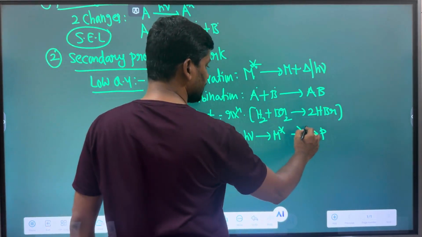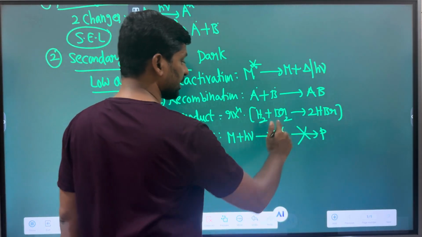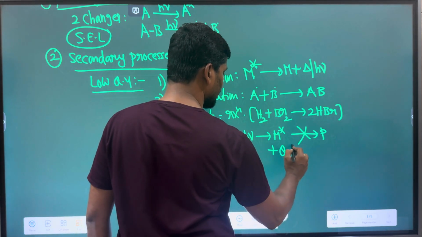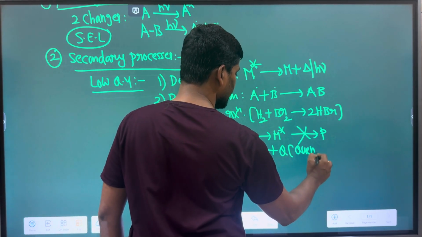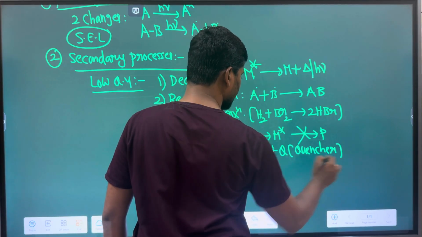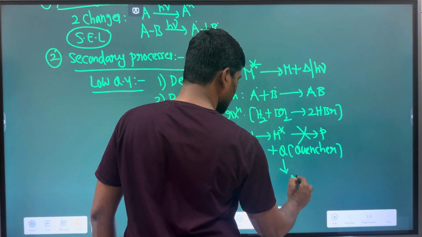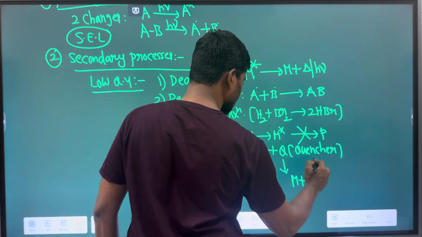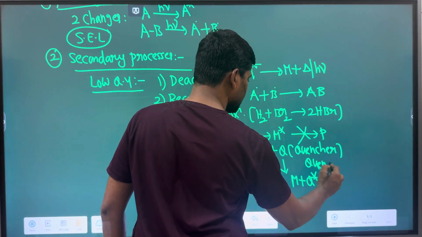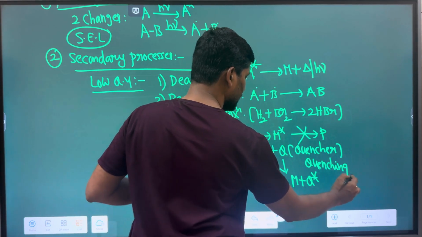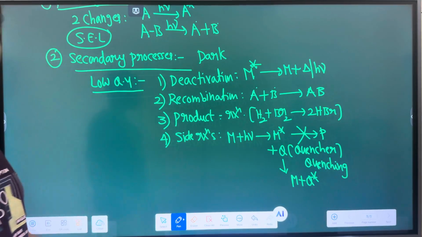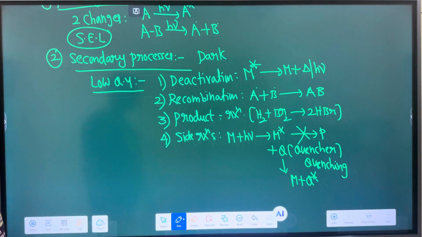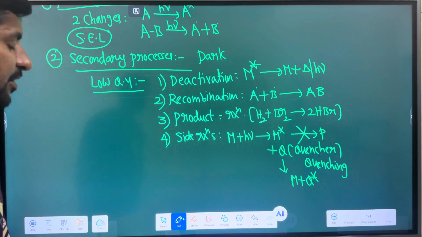But instead of this main reaction, some side reaction occurs. Q is a quencher, some impurity. Then M star plus Q gives M plus Q star. This process is called quenching. So M star has to participate in the reaction, but due to the quencher present, instead of participating in the reaction, it is de-excited, and that is called what?